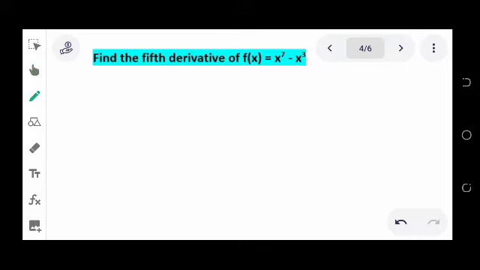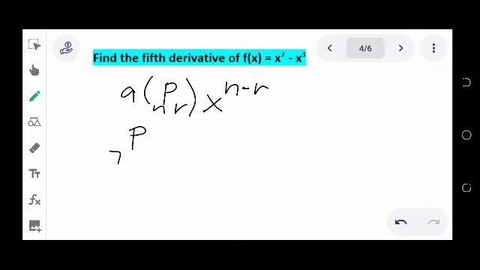So the formula is again a times permutation of n taken r, x raised to the power of n minus r. A here is 1, so we will just ignore a. So permutation of the exponent, 7, that's n, taken r, that's the fifth derivative, then x to the 7 minus 5.